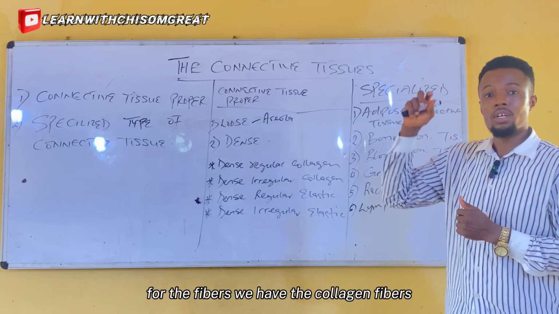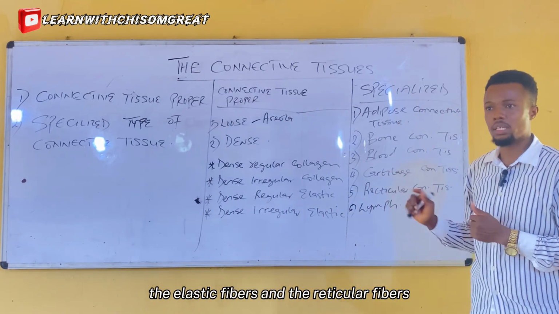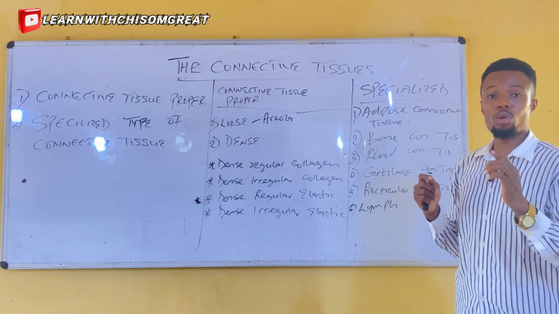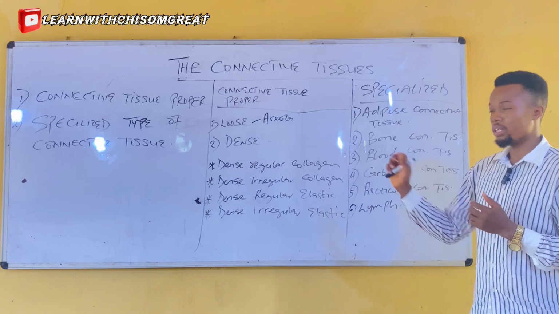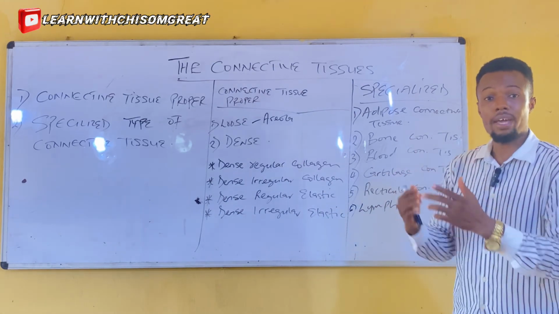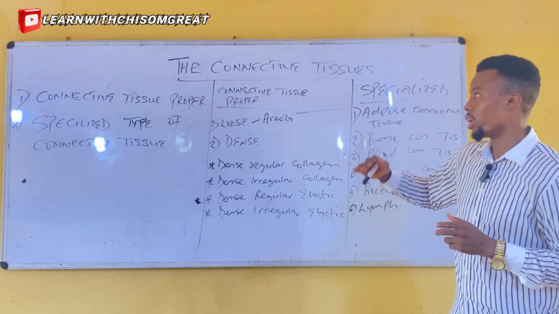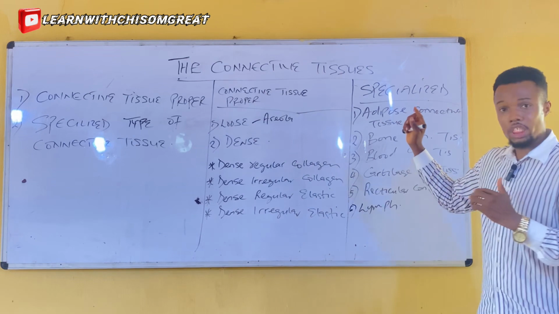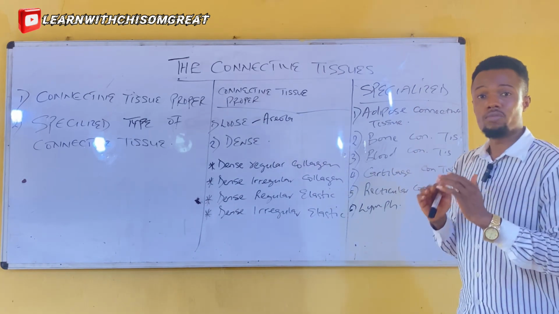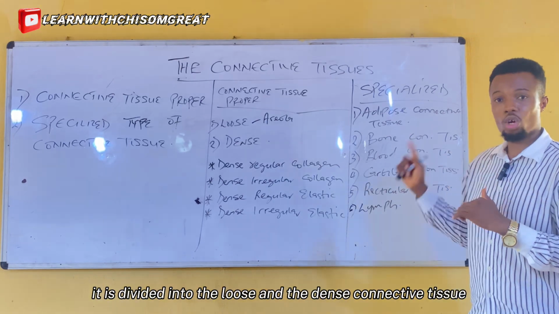For the fibers, we have the collagen fibers, the elastic fibers, and the reticular fibers. For the ground substances, we have the proteoglycans and the glycoproteins. Then I classified the connective tissue into two: the connective tissue proper and the specialized connective tissue. The connective tissue proper is divided into the loose and the dense connective tissue.